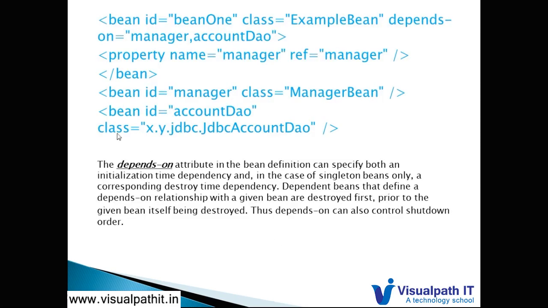So how do we do that? Let's see this example. Bean id equals bean1, class equals ExampleBean, depends-on manager as well as accountDao, separated using a comma. Property name equals manager, ref equals manager. Bean id equals manager, class equals ManagerBean.